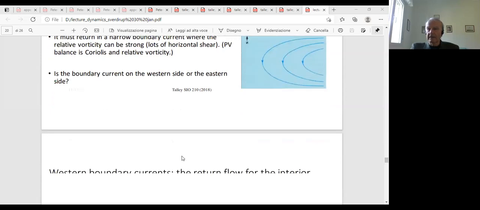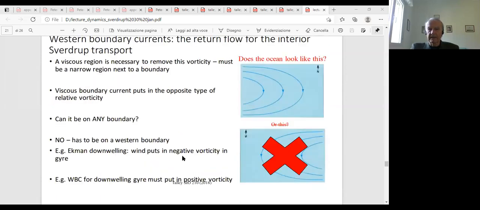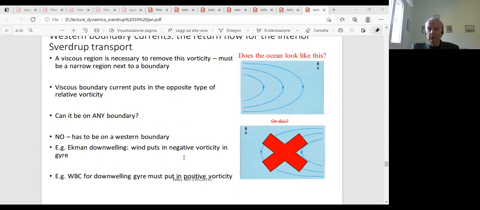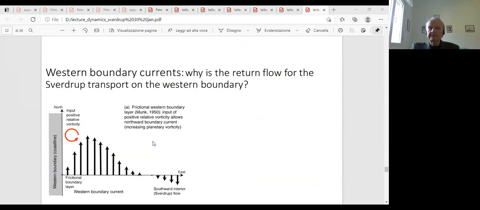Here is the explanation of why it's only the western boundary. This is what we mentioned before. This is the western boundary current. This is the southward interior flow, a weak, sluggish flow in the interior of the basin.